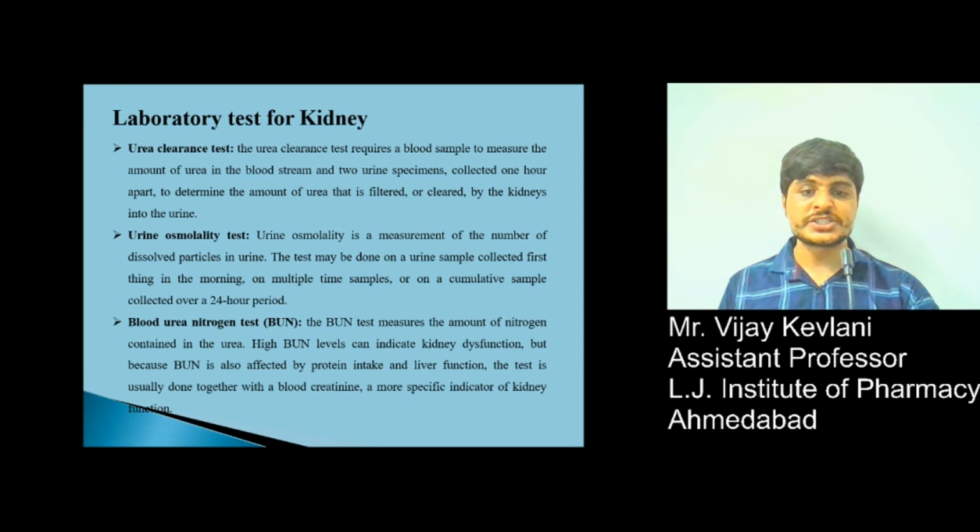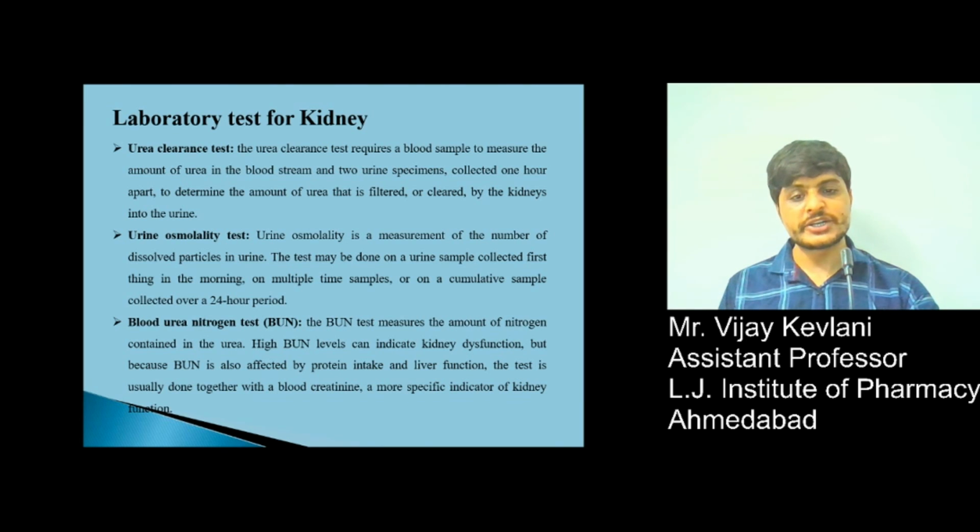Urine osmolarity test. Urine osmolarity is a measure of the number of dissolved particles in urine. The test may be done on a urine sample collected first thing in the morning, on multiple time samples, or on a cumulative sample collected over a 24-hour period.